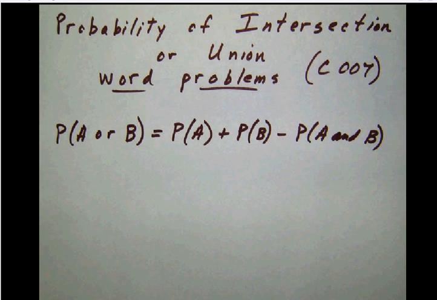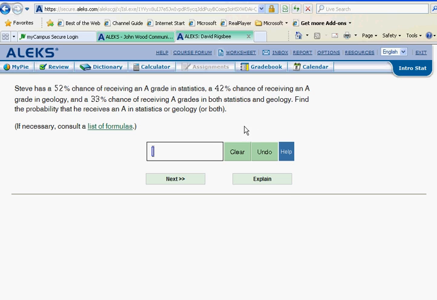Let's go back and look at the problem they're giving us now. Now notice here, Steve has a chance of receiving an A grade in statistics. Okay, so that's kind of like our A part. The 42% chance of receiving an A in geology, that's kind of like our B part. And a 33% chance of receiving grades in both statistics and geology.